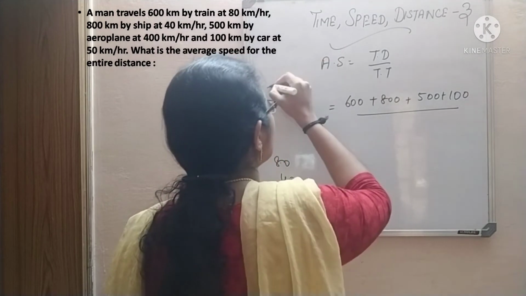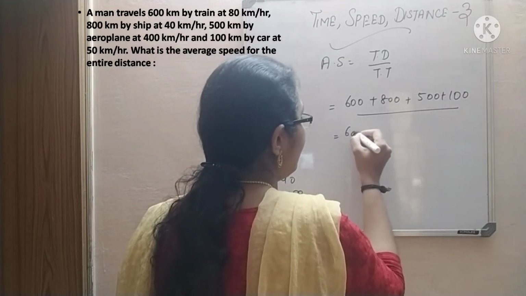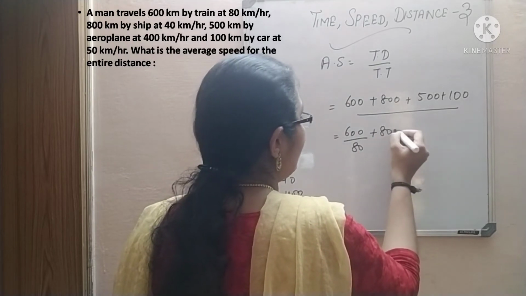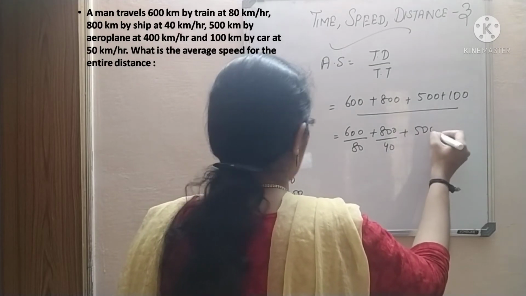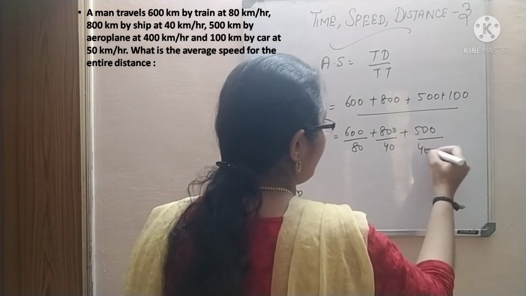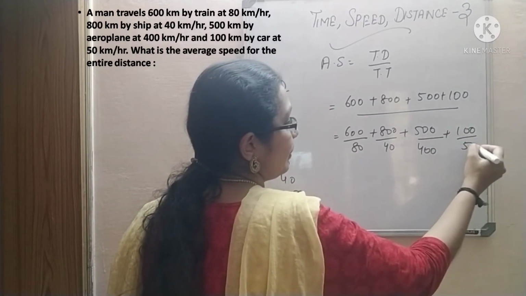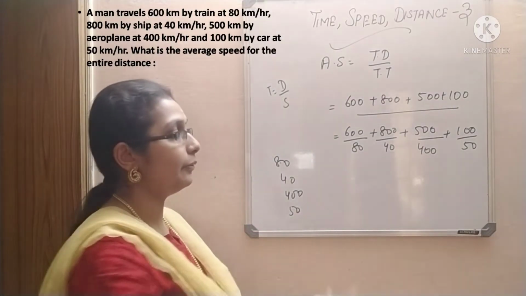So time is equal to distance by speed. So for 600 he travelled at 80 km per hour, 800 he travelled at 40 km per hour, 500 he travelled at 400 km per hour, and 100 he travelled at 50 km per hour. Okay. So instead of time you will substitute distance and speed and find the answer.